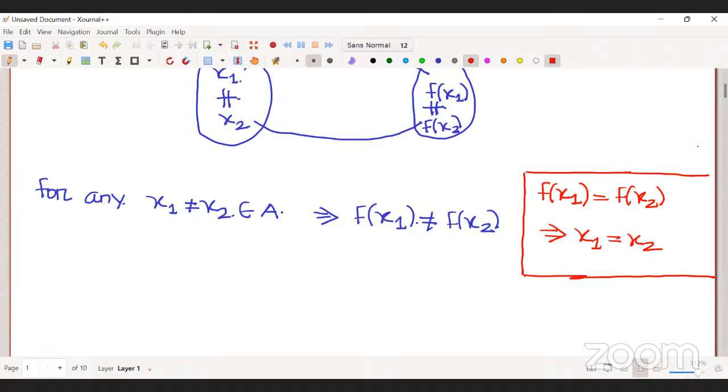This is also a property of one-to-one functions. As you can see, this statement and the earlier statement are basically the same. The first statement says if I pick two different elements in the domain, then I should get two different images. The second says if the images of two elements are the same, then both the elements are the same. So the second indirectly says that if I pick two different elements, the images should also be different. Okay, so the definition is clear.